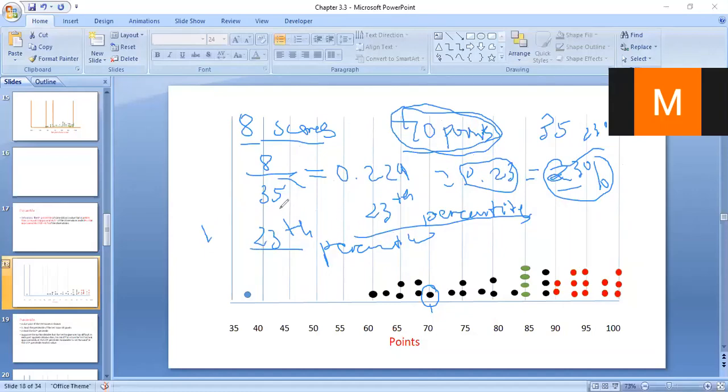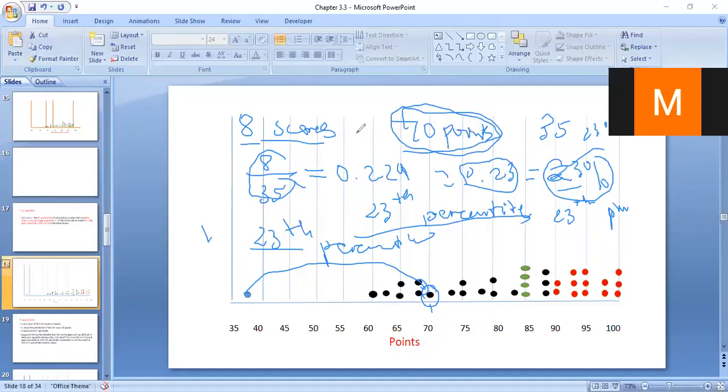That is how to find the percentile. You count how many numbers up to 70, and you divide by the total, then you get 23%. That is 23. 23 is the percentile of the 70 point.